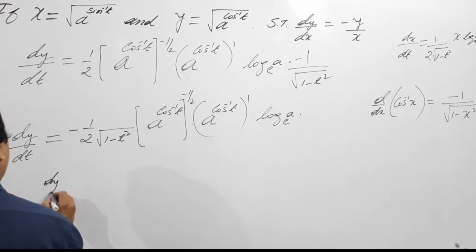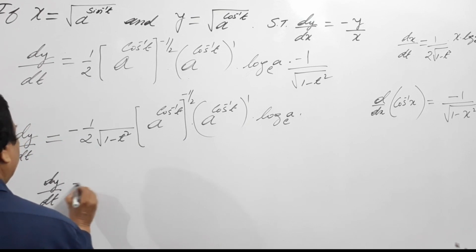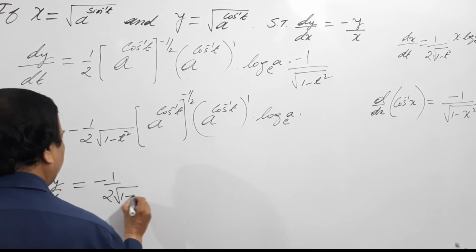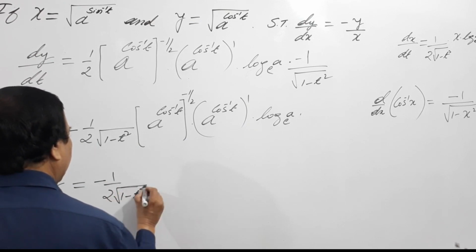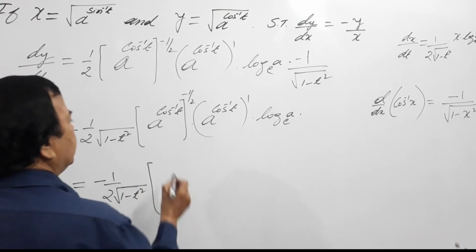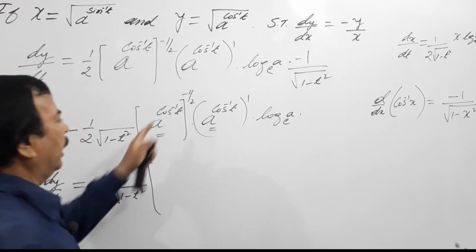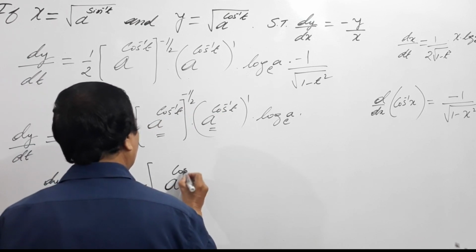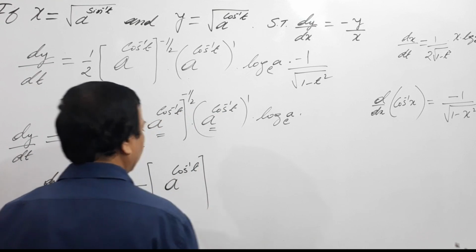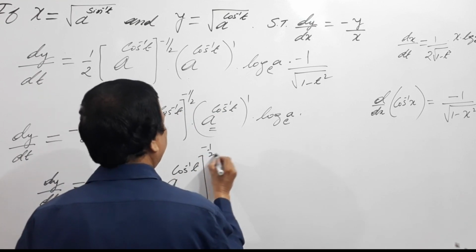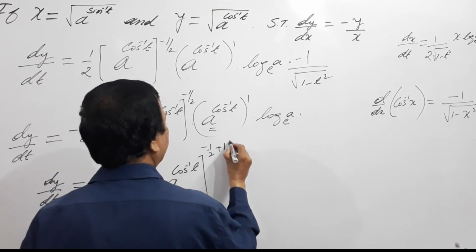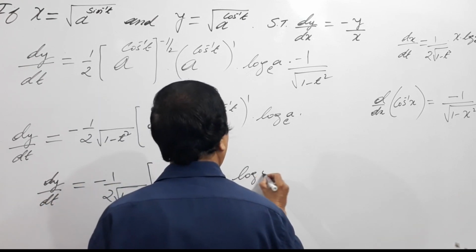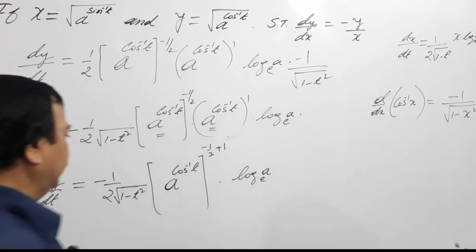So dy by dt equals minus half into 1 minus t square. See, the bases are same, add the indices, so this becomes a to the power of cos inverse t to the power of minus half plus 1, into log a to base e.